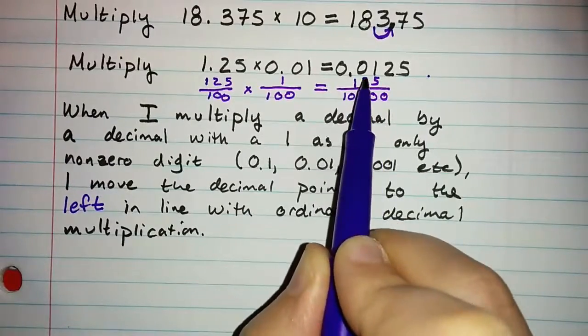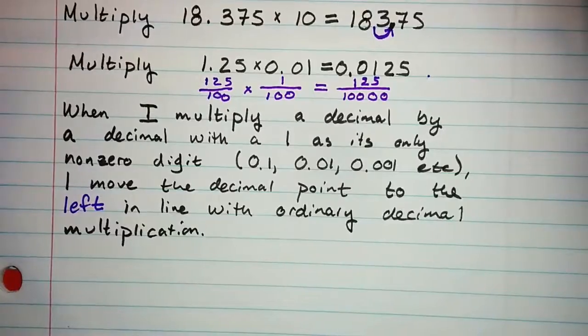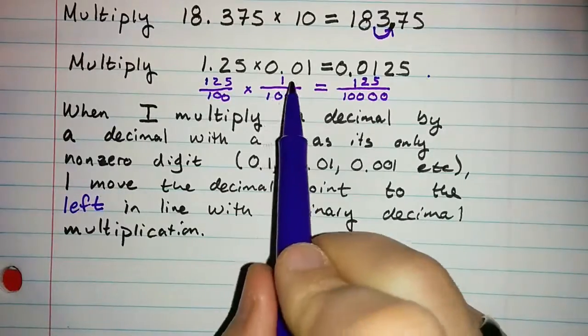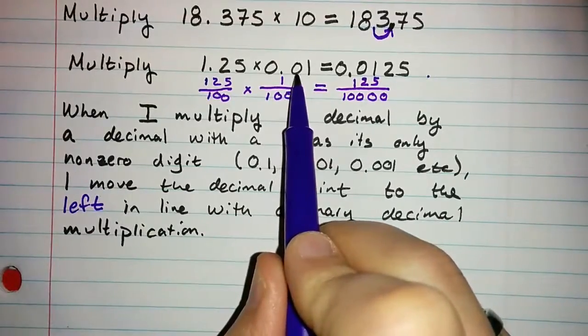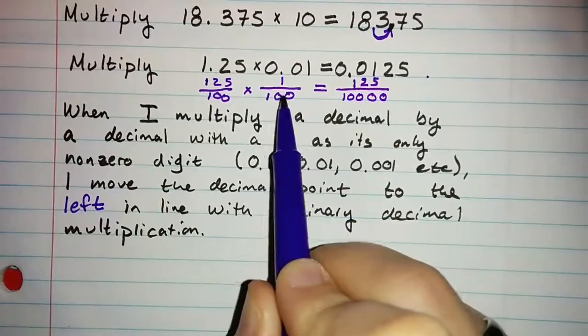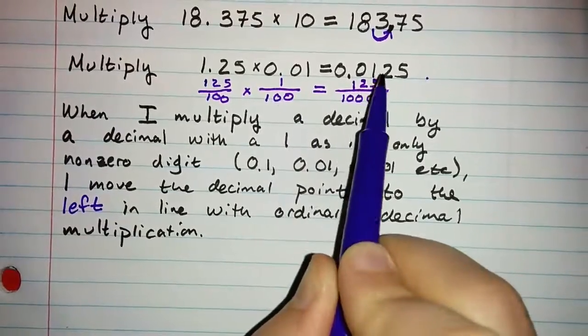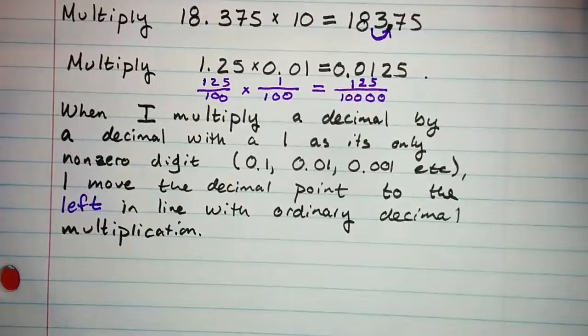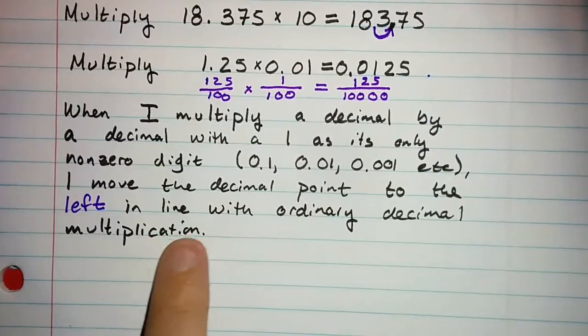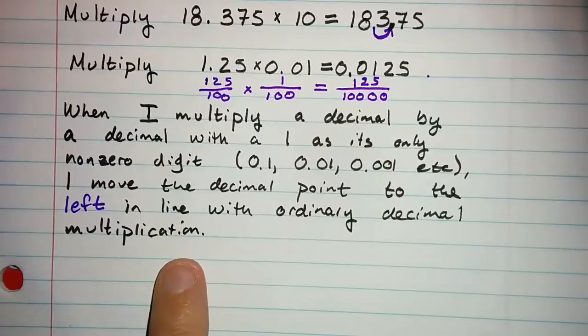So I place my decimal point 2 places further to the left. Notice there's only 1 zero to the right of the decimal point, but there are 2 zeros in the denominator. So I move 2 places to the left. This is an easy place to make off by 1 errors. So the best way to remember this is that it's just ordinary decimal multiplication.